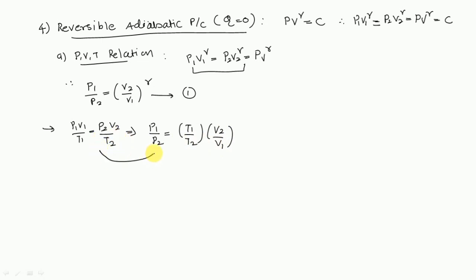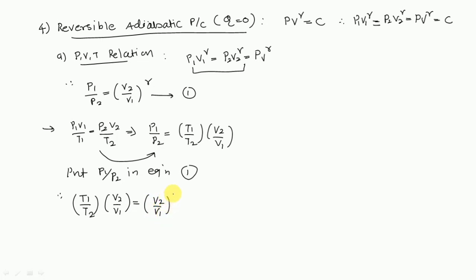Rearranging this, we get the P1 by P2 value. Now put this P1 by P2 in equation number 1. So we get T1 by T2 into V2 by V1 is equal to V2 by V1 raised to gamma.